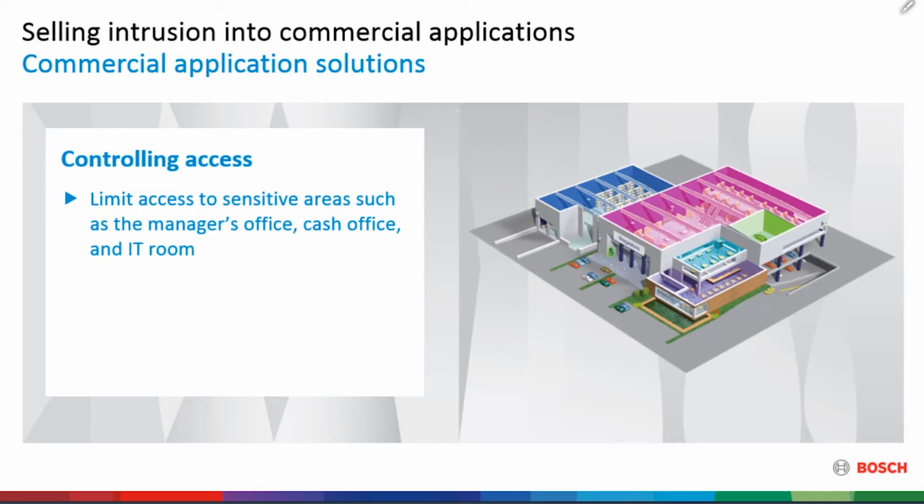We can actually control which areas are armed and disarmed from one keypad, which is kind of neat. So if I'm the store manager, I can walk into the back of the store and I can disarm the entire store from one keypad. Well, that sounds great, but what if instead of a store, this is a bank, and I'm the bank manager?